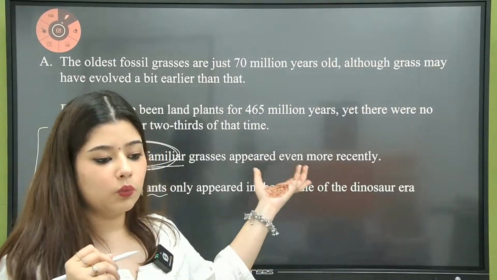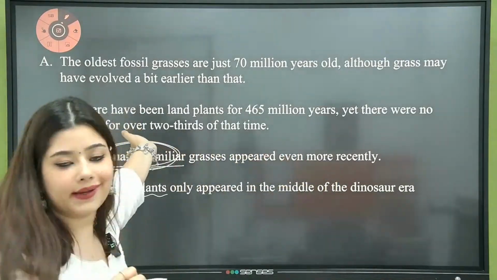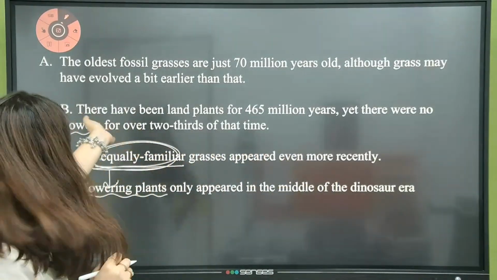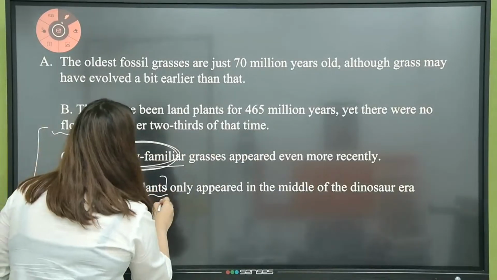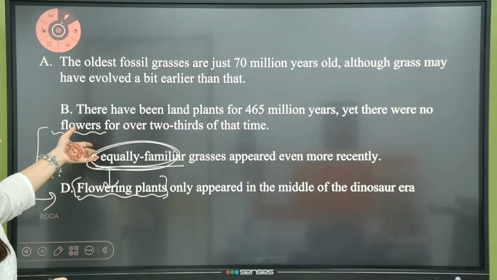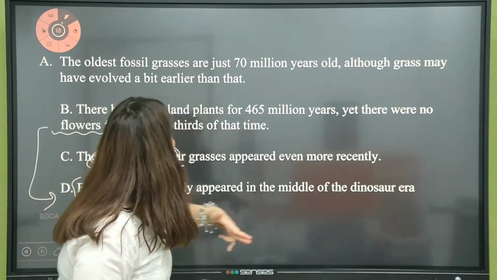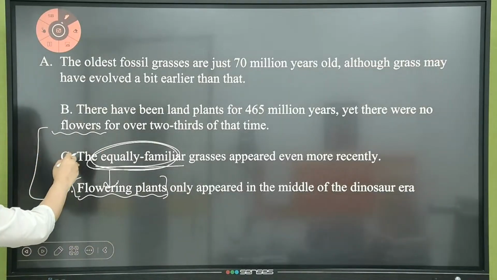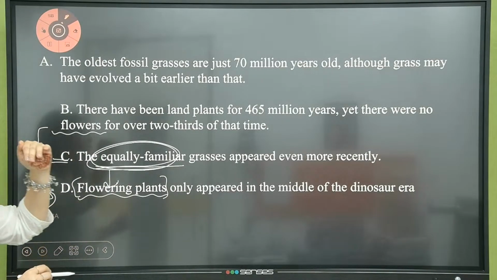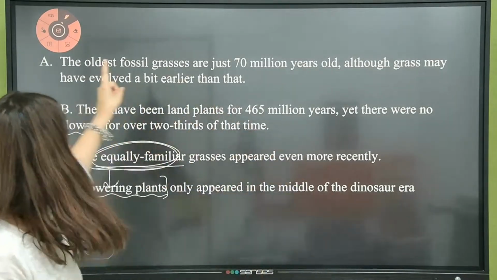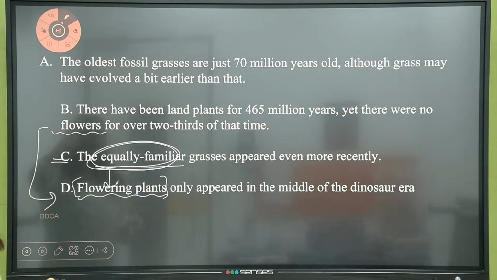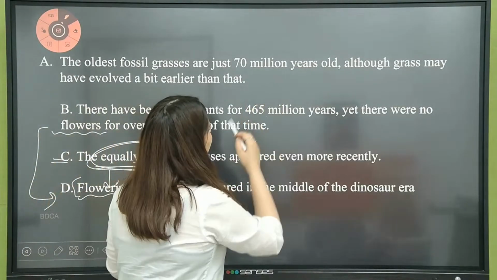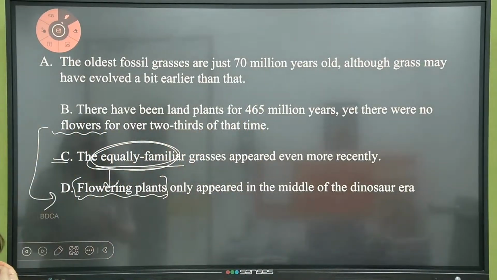Equally familiar with what prior context setting has been done here. Equally familiar with the flowering plants. So equally familiar grasses appeared even more recently, and then C has been further elaborated in statement A. The oldest fossil grasses are just 70 million years old, although grass may have evolved a bit earlier than that.